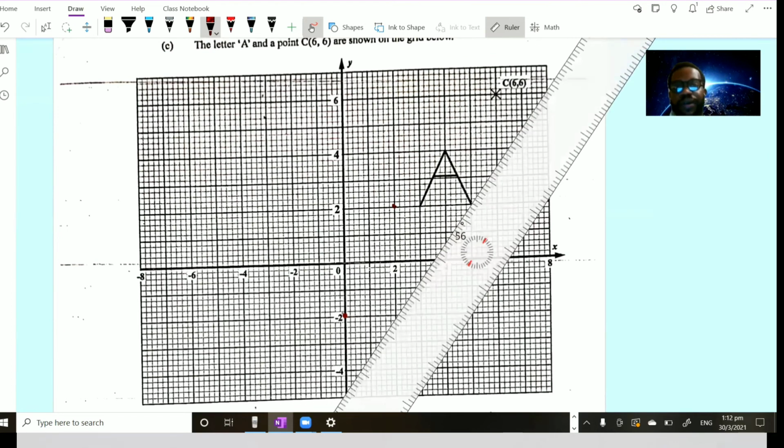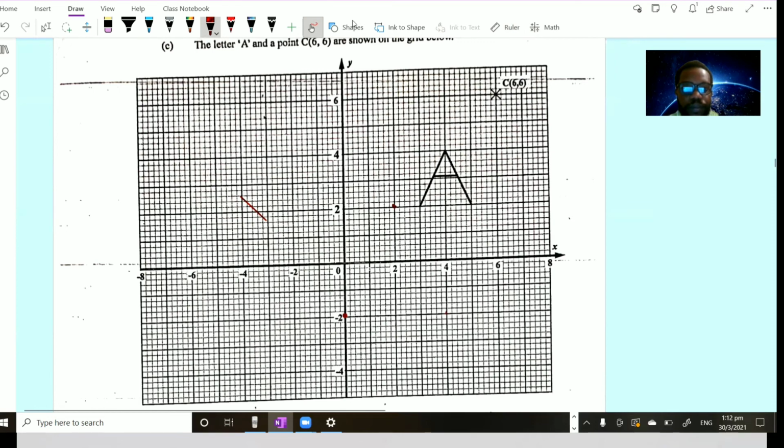All right, with that said, now I can go right ahead and draw my A. So let me just get this in right away. So I'm going to get my shape, and I'm going to draw from this point here down to where this point is. All right. I'm also going to draw from this point here down to where that point is.